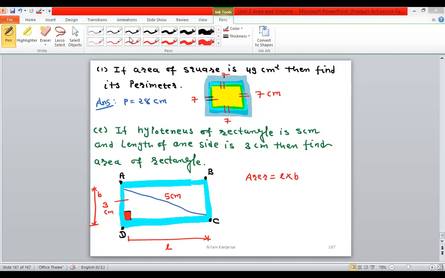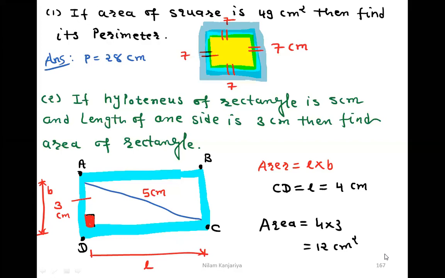By the Pythagoras, you are getting the length of DC, and DC means L, L is 4 centimeter. So put all the things in the formula of the area, and you get the area, 4 into 3, it's 12 centimeter. And centimeter into centimeter is centimeter square. So this is the beauty of geometry.